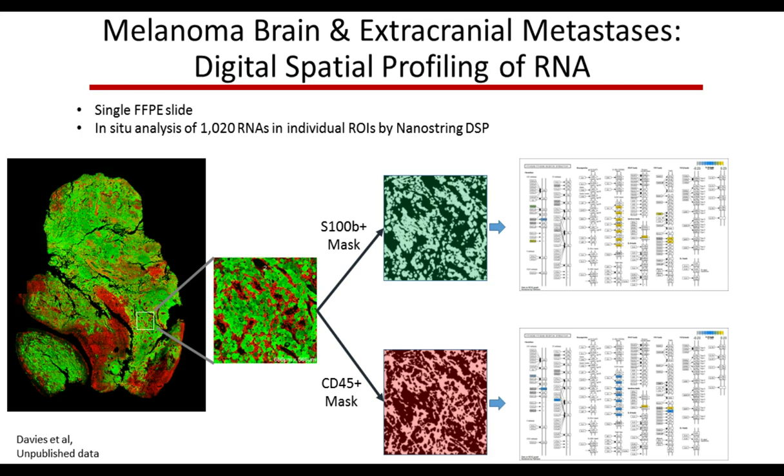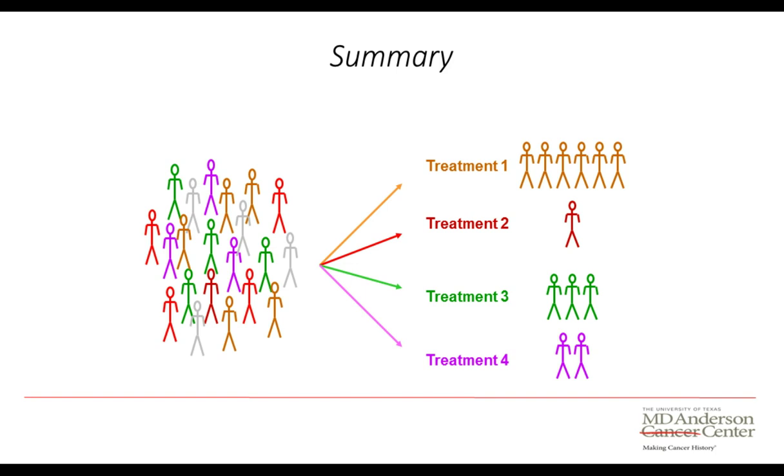Again, this is being accomplished on a single FFPE slide, where we're now doing in situ spatial analysis of just over 1,000 RNAs, where we can use the masking approach to separately look at the expression in the tumor cells with the S100 mask, and separately and independently in the immune cells that we see in each of these tissue samples using the CD45 mask. This is a very exciting extension of the technology that we think will be quite powerful for our studies and studies of other investigators moving forward.